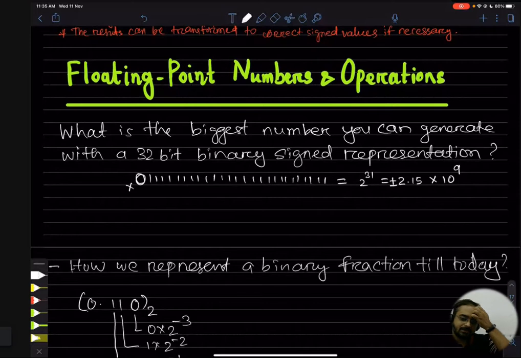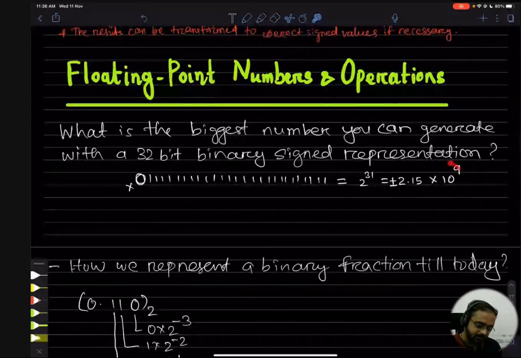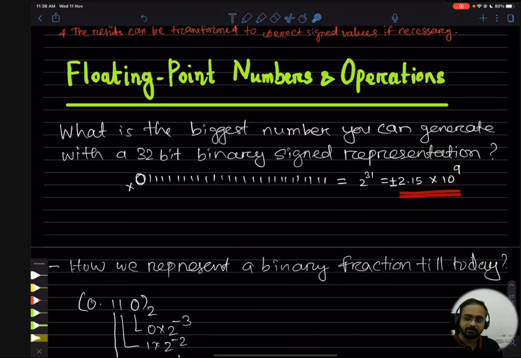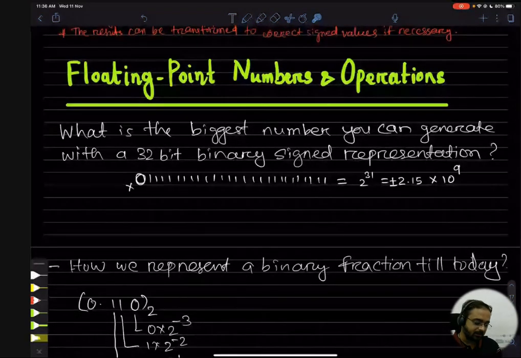Mostly if you represent it as a signed integer, then you get around this much, but usually we work with bigger values than this, like 10 to the power 30, or even 10 to the power 50. Some numbers are like that.